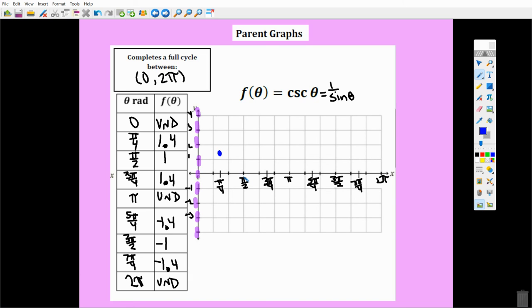At pi over 2, it is 1. At 3 pi over 4, it is 1.4. So it's back up here, kind of matching that one. Should make it a little lower because that looks like a half. So just about right there. At pi, it's back to undefined. So I'm going to draw in my line here.